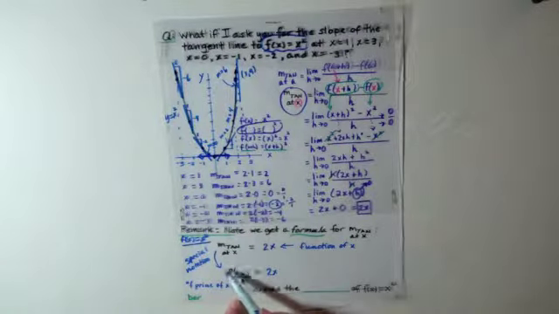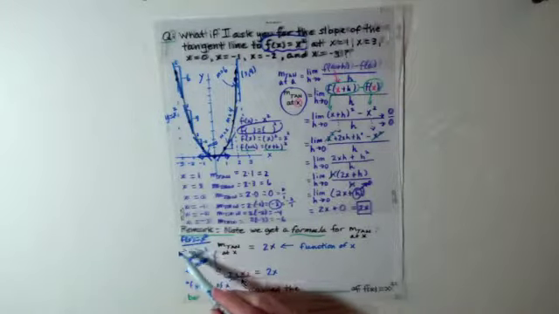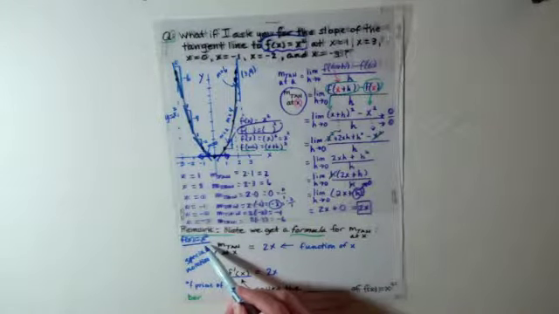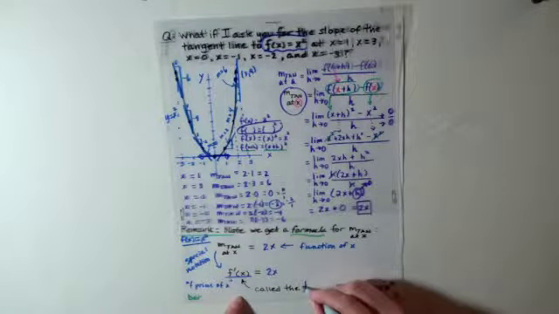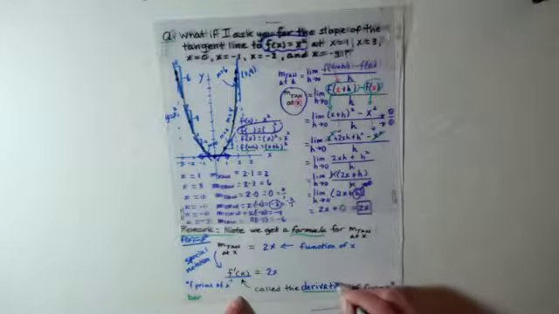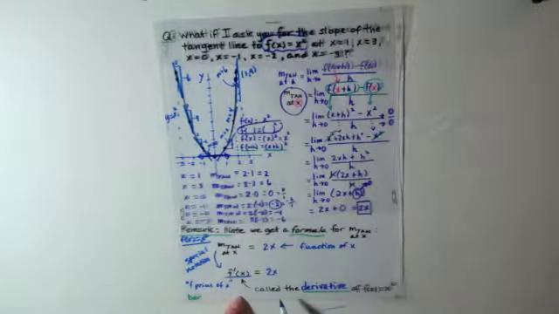So since f prime of x was derived from some original function, in this case f of x equals x squared, we call f prime of x the derivative, because it was derived from f of x, we call it the derivative of the function f of x equals x squared.